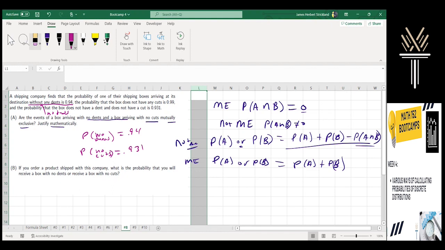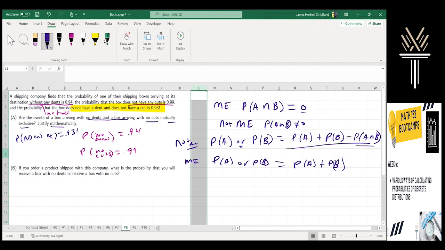Oh, no, it doesn't. My bad. Can't read. The probability of no cuts is 0.99. This one says the probability of no dents and no cuts. The probability of no dents and no cuts is 0.931.